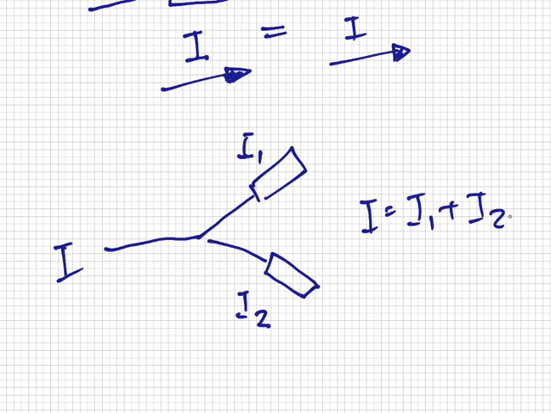Well, again, like at the room, if 10 people go in and 2 people go to the left, then how many people must go to the right? 8. And if it's 10 people per second, then it must be 2 people per second and 8 people per second. Because again, if it was not, then that means people are building up. Okay? How do you get I1? Oh, well, that's what I'm going to do next as an example then.